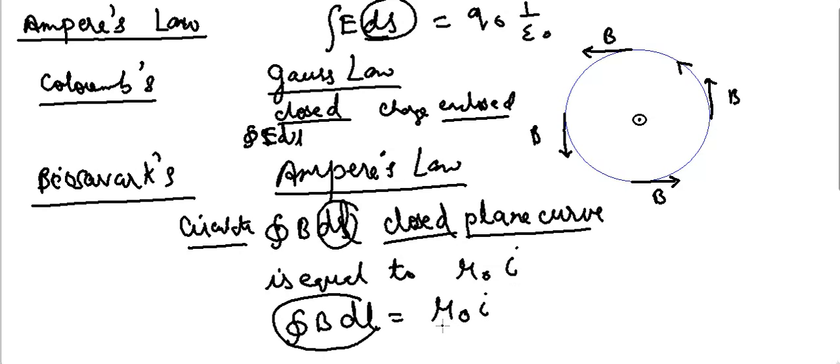Here it is I, which is enclosed inside the loop we are considering: mu naught I. There the constant was 1 by epsilon naught; here the constant is the magnetic constant mu naught. So this is the statement of the law.